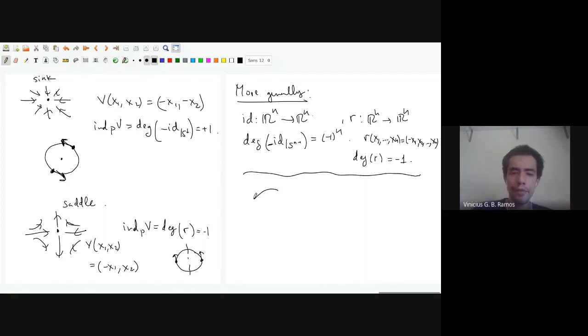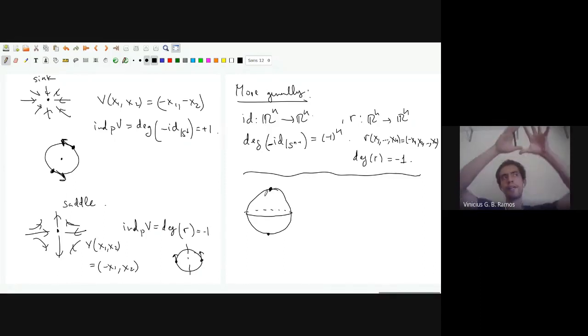So for example, if you look at a sphere, and now we can look at some vector field that is the derivative of what's going down along the sphere. If you think about this as embedded in R3, and you look at the gradient of the height, you have a vector field that goes like this.